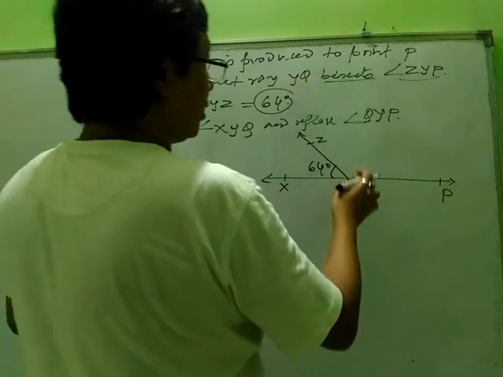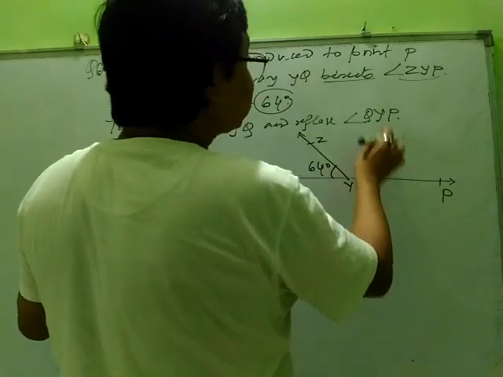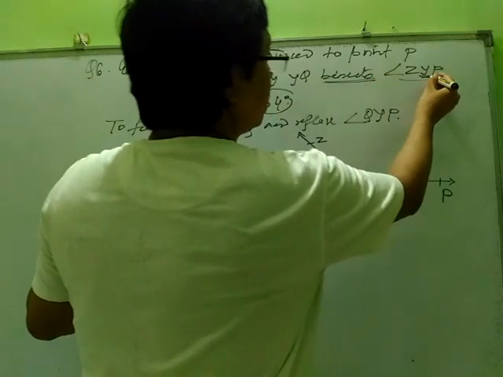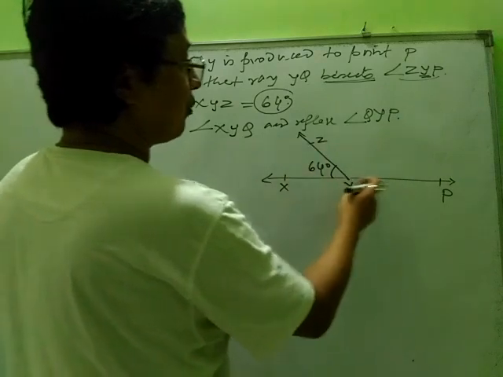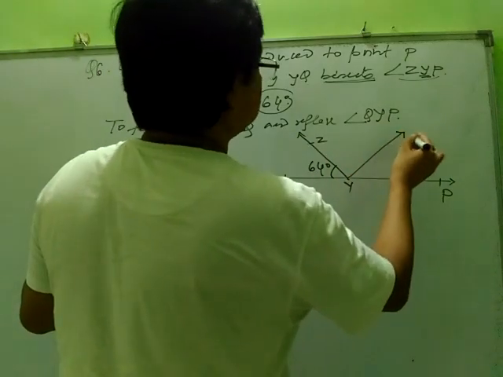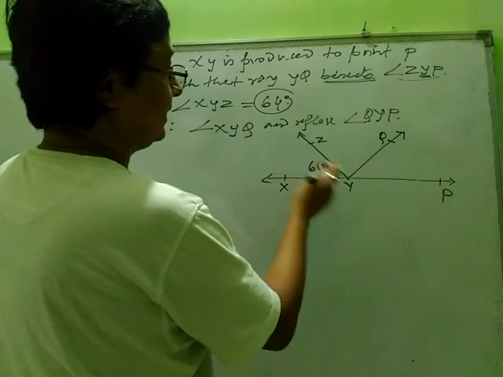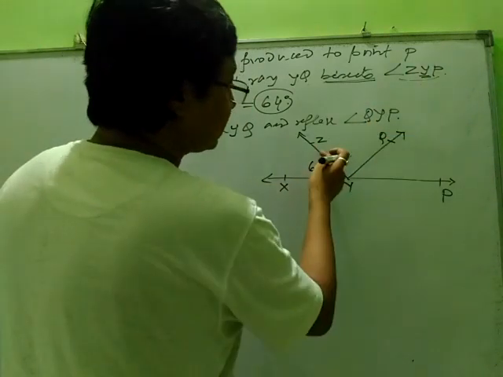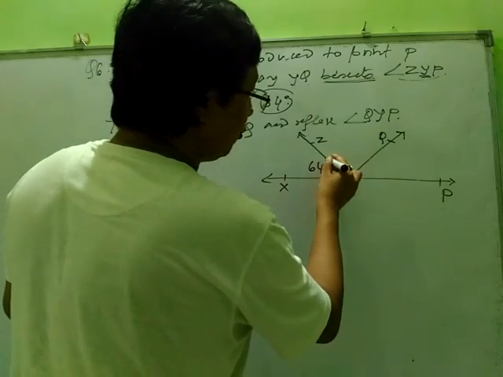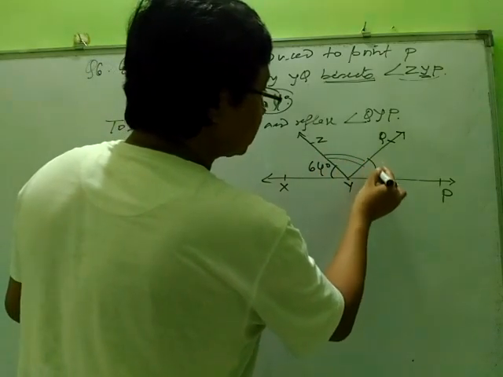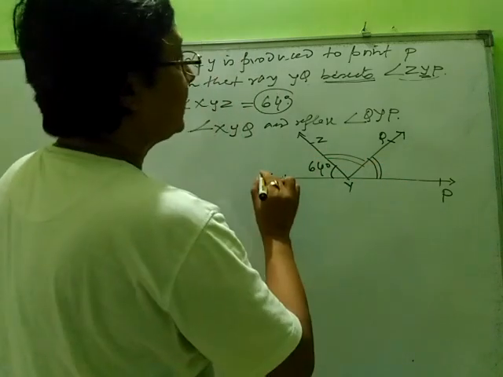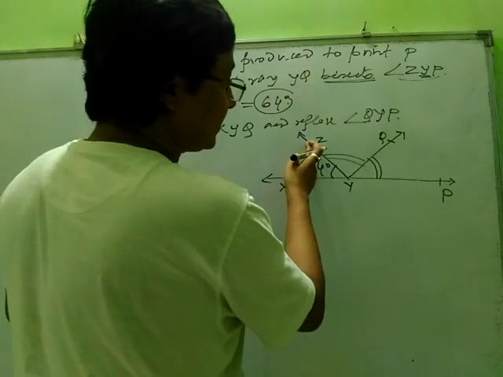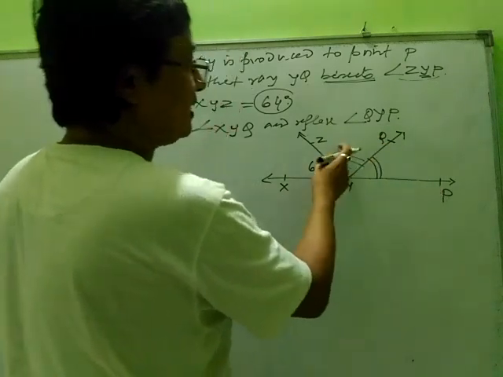Then ray YQ bisects, dividing the angle into two equal parts. So YQ bisects angle ZYP, and these two measures are equal.